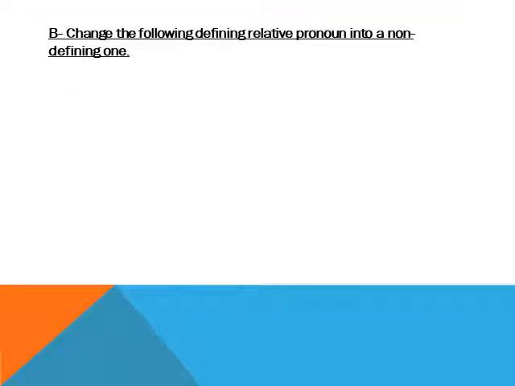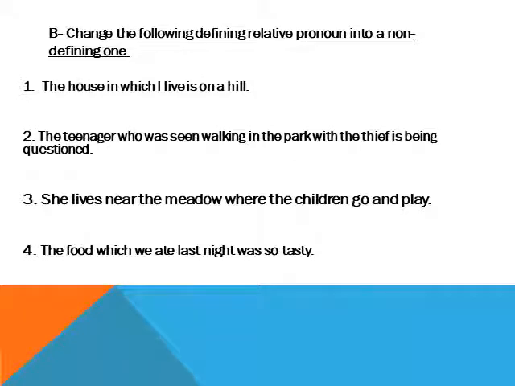Now moving to exercise B, change the following defining relative pronoun into a non-defining one. Here we have 4 sentences. Let's see the first one together. Number 1, the house in which I live is on a hill. Now here we have which, a defining relative pronoun.